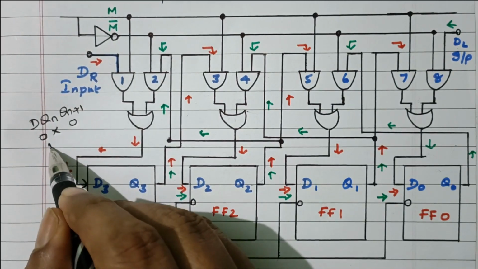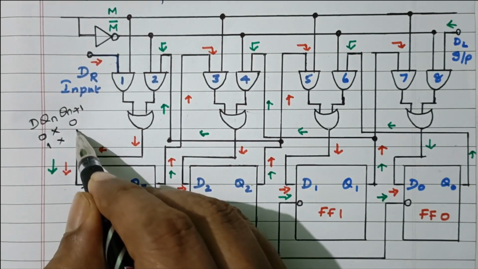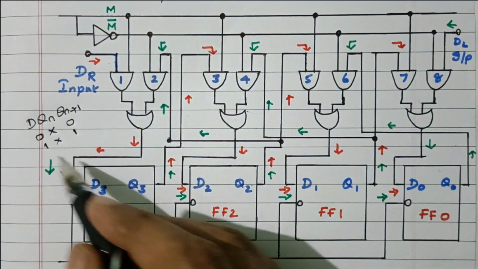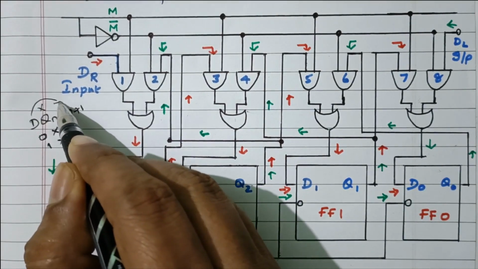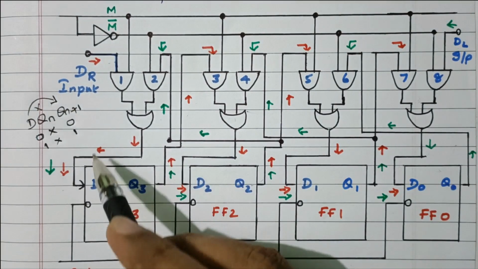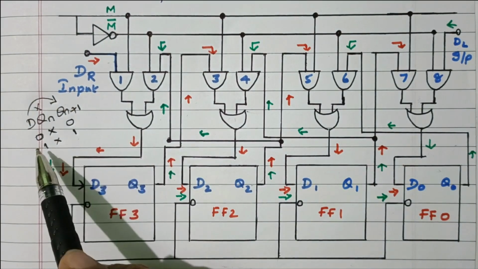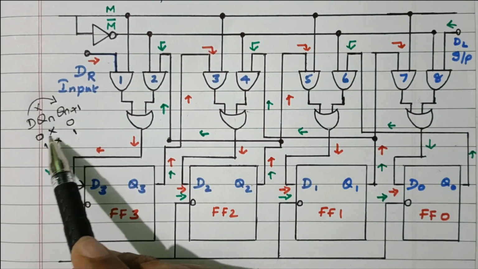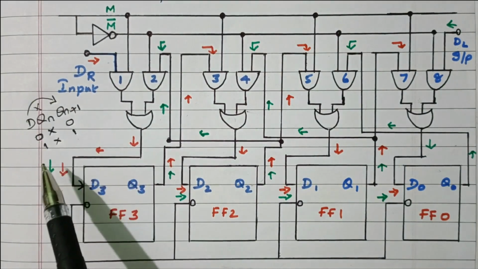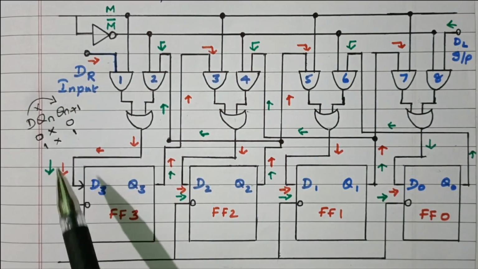If D is 1, whatever the present state, 1 will be available as the output. So the value of D will be reflected at the next state of the flip-flop. If we pass data 0 to the input of the flip-flop, the same 0 is available at the output. If we pass data 1, the same data 1 is available at the output.